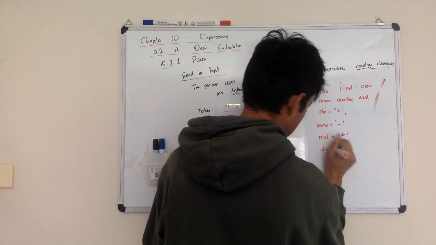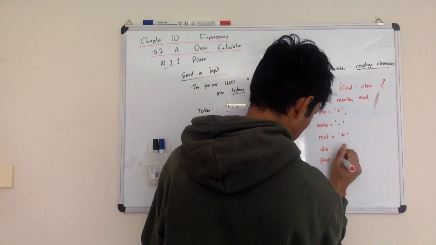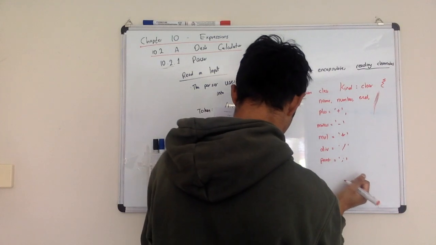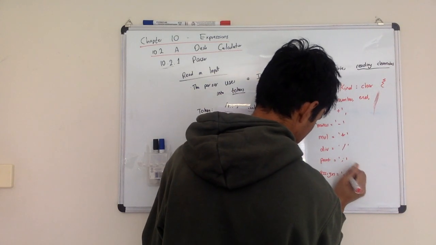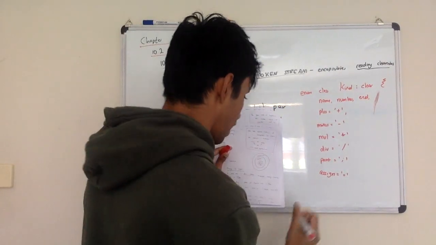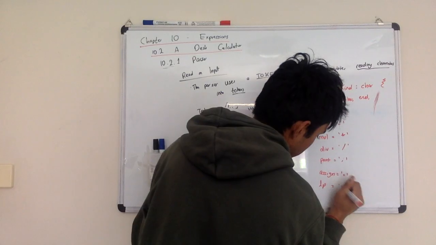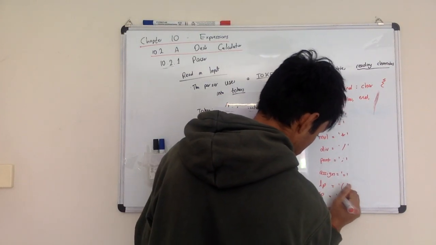Division, DIV, is the slash. Print, we're going to make the semicolon. Assign, we're going to make an equal sign. LP for left parenthesis, we're going to make the opening bracket. And RP, the closing bracket.